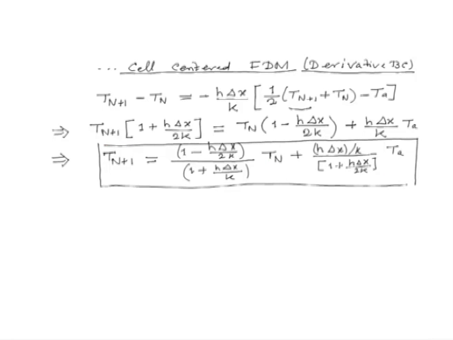So now this expression for Tn plus 1 essentially contains the effect of the convective boundary condition.